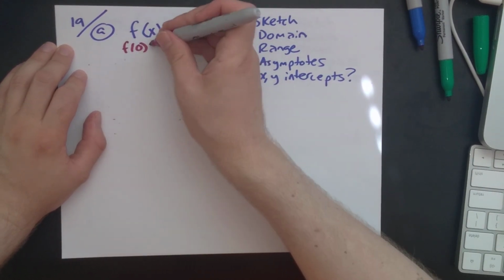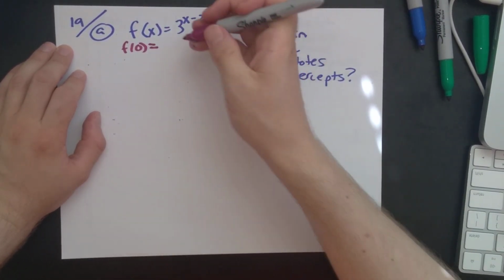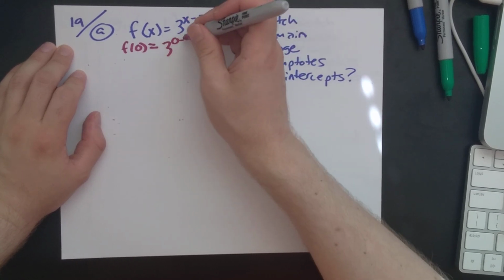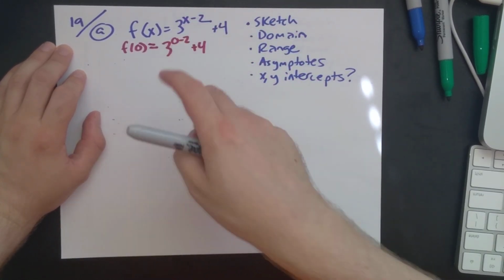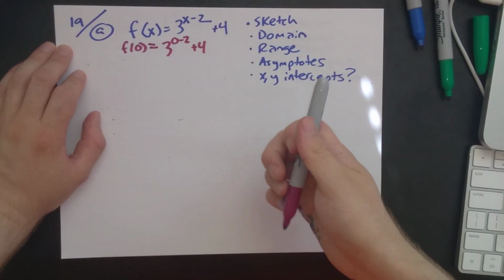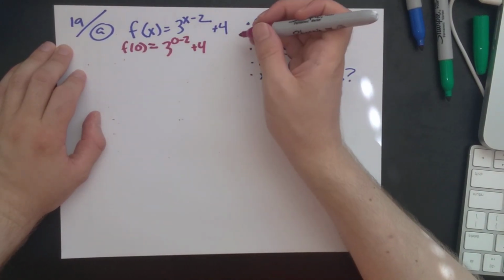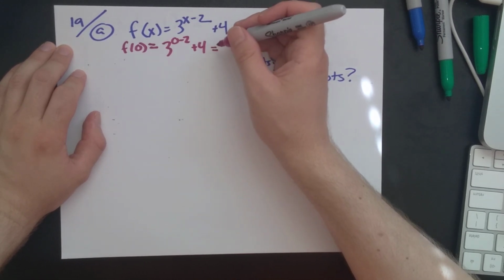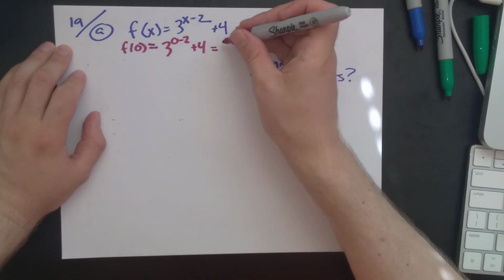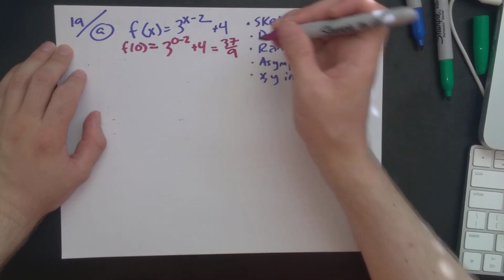So f of 0, when we plug in 0 here, it's going to be 3 to the 0 minus 2 plus 4. So 3 to the 0 minus 2, that's 3 to the minus 2, is 1/9. So this whole thing is 1/9 plus 4, and that should be 37 over 9.